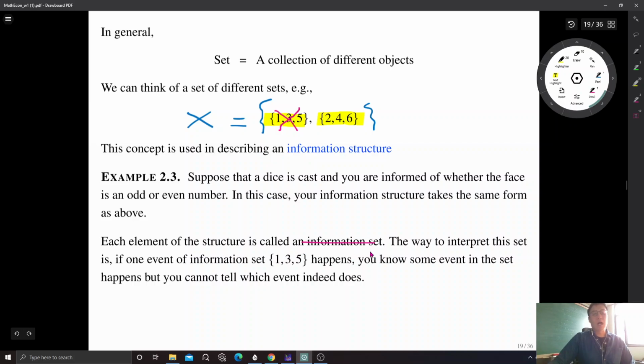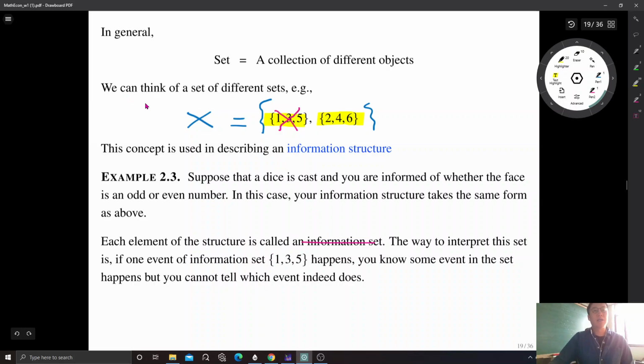If one event of information set {1, 3, 5} happens, then some event in the set happens, but you can't tell which event it is. Suppose the face value is 1, then the face value is an odd number, but you can't tell which odd number. That's the way to describe this information structure in economics.